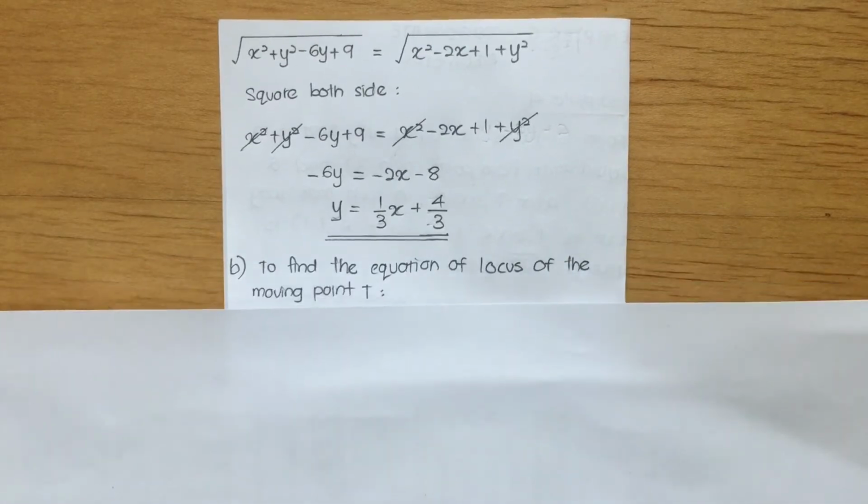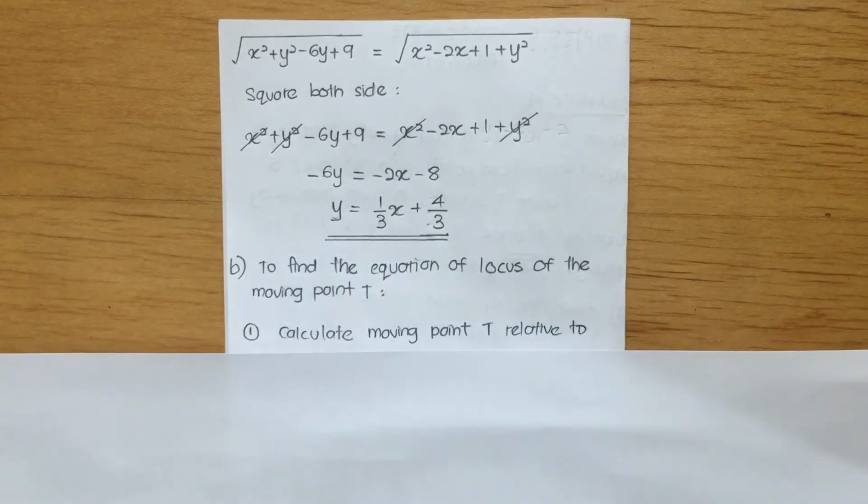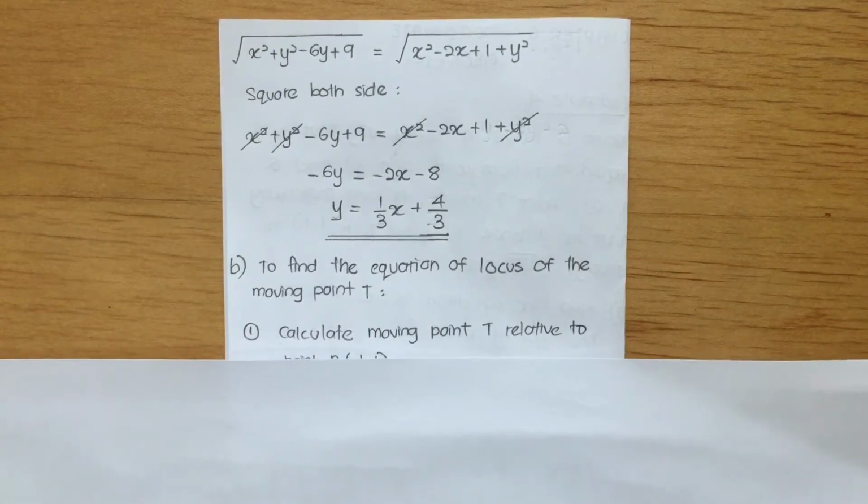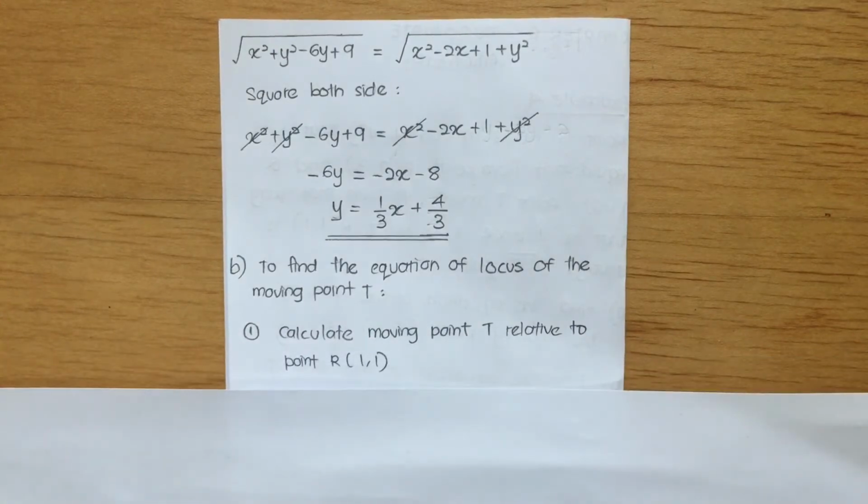To find the equation of the locus of the moving point T, we're going to calculate the moving point T relative to the point R. Point R is actually the center of a circle, but the point T is not a fixed point, it's a moving point. So we're going to set the coordinates of point T as x, y.